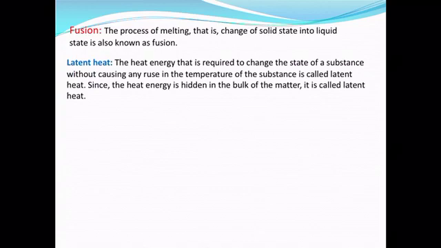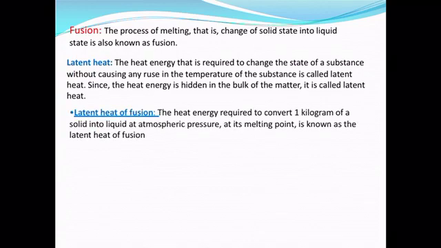This type of heat is hidden, it only changes the state, not the temperature. An example is ice: the temperature is 0 degrees Celsius, and when it changes into water, the temperature remains 0 degrees Celsius. Only the state changes from ice to liquid. Thus, this process is called latent heat of fusion.